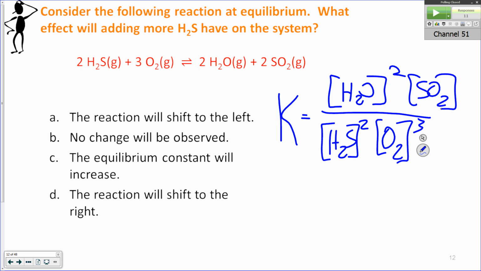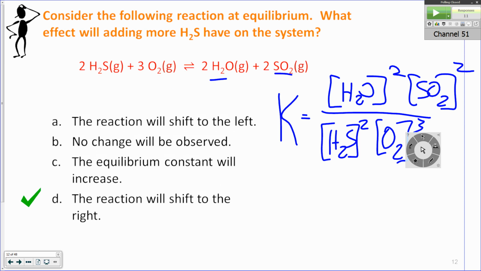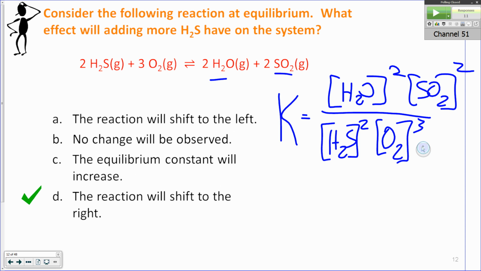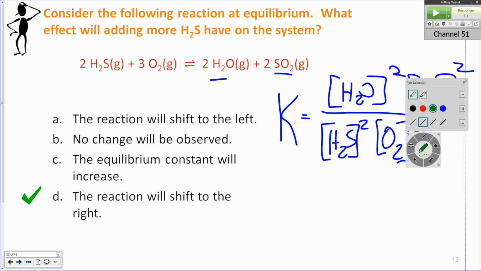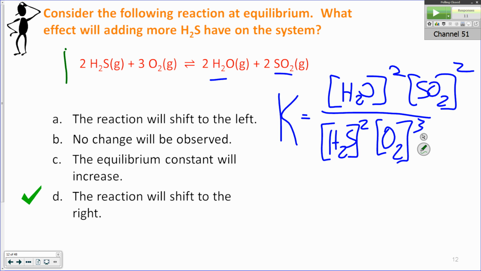Products over reactants. So which way is it going to respond? If you increase the concentration of a reactant, it's going to respond by shifting in the forward direction.